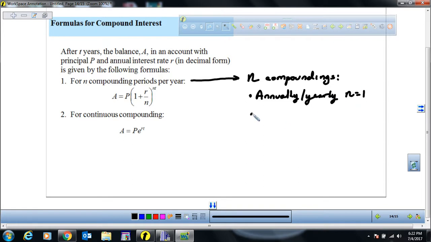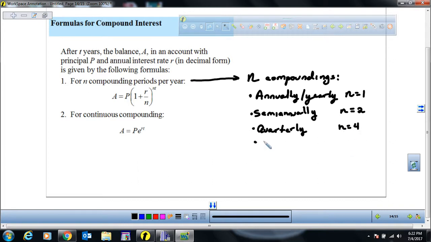If the interest is compounded semi-annually, that means every 6 months, so it calculates the interest 2 times during the whole year. If the interest is compounded quarterly, it calculates interest every third month, so 4 times during the whole year.